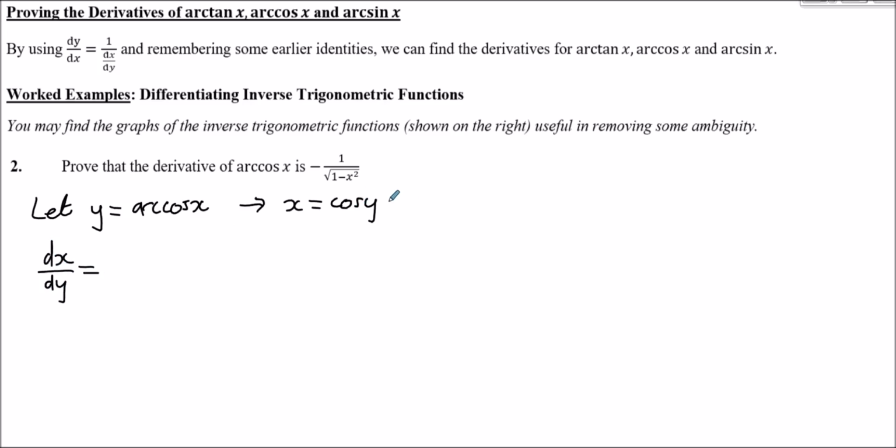Cos differentiates to minus sine. So we get minus sine y there. So that tells us, by reciprocating dx over dy to give us dy over dx, we're going to have minus 1 over sine y.